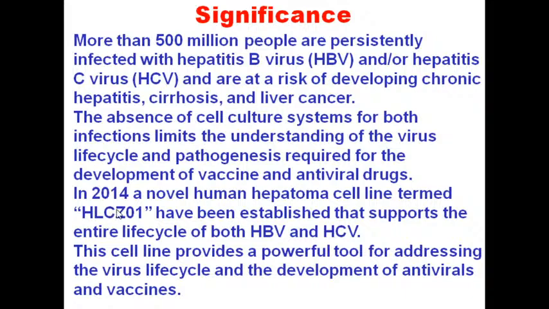Some breakthrough was made in 2014, when a novel human hepatoma cell line, termed like you see here, was established that supports the entire life cycle of both hepatitis B and C. It means that using these cells, we could infect them with hepatitis B or C, and these viruses will develop the whole replicative cycle with the release of newly synthesized infectious virus particles.